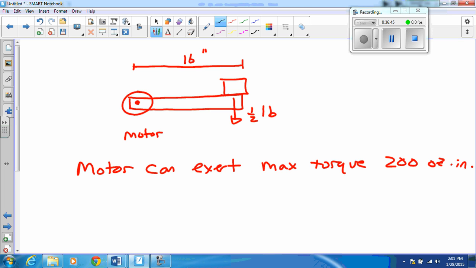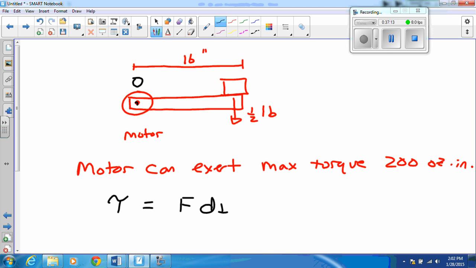So the question is, how much torque is now exerted by this weight here? And so we say that the torque about the point of rotation, which is point O right here, is equal to force times perpendicular distance. The maximum amount of torque is going to occur when the force is exactly perpendicular to that distance. That's going to be when the arm is straight out, because gravity is the force that we're talking about.